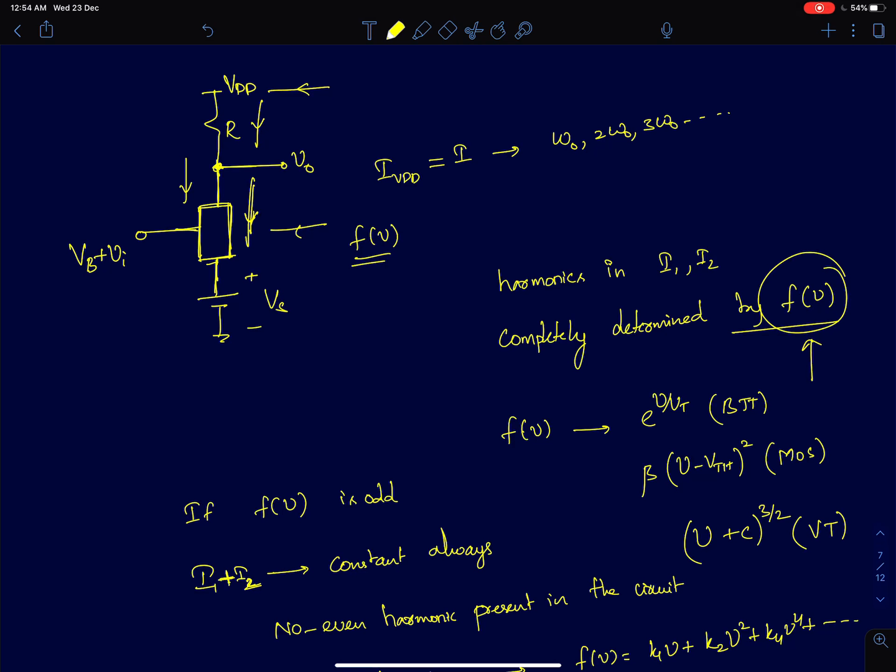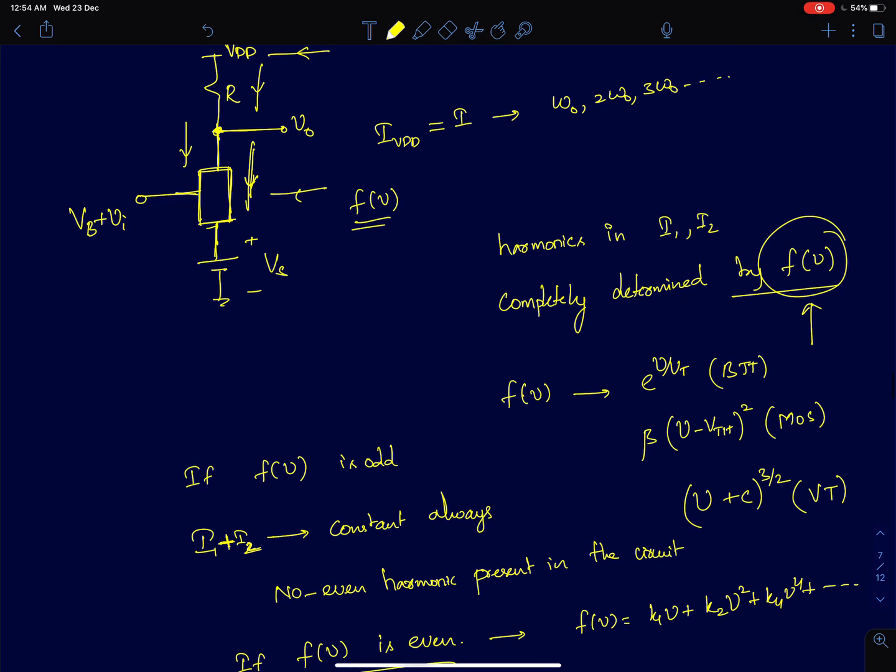Now, I have just written the nonlinear equations again for the three commonly used amplifying devices: the vacuum tube, MOS and BJT. Vacuum tube is of course extinct now, but BJTs and MOSFETs.